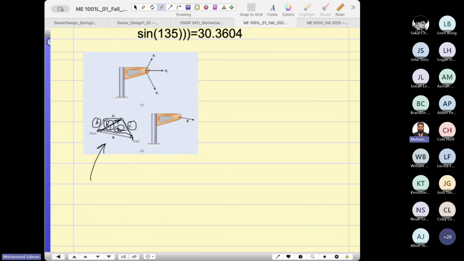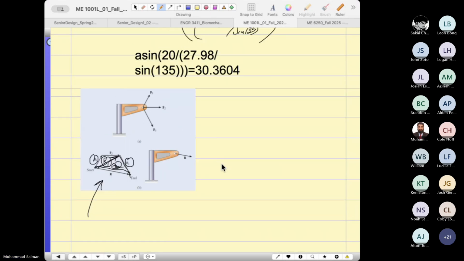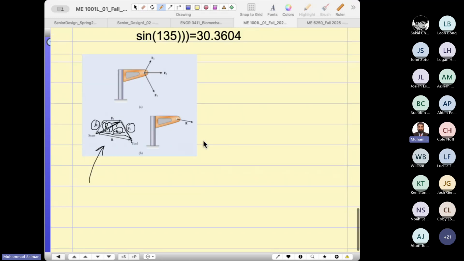You see my point, guys? You don't have to rush to find all the values immediately. Do you understand the process? If you have more than two forces, how are you going to split up the forces into triangles? Please type in yes if you understood this method. Sahil says yes. Amol, yes. Cole, yes. Kobe, yes. That's good. I'm glad you guys have understood.